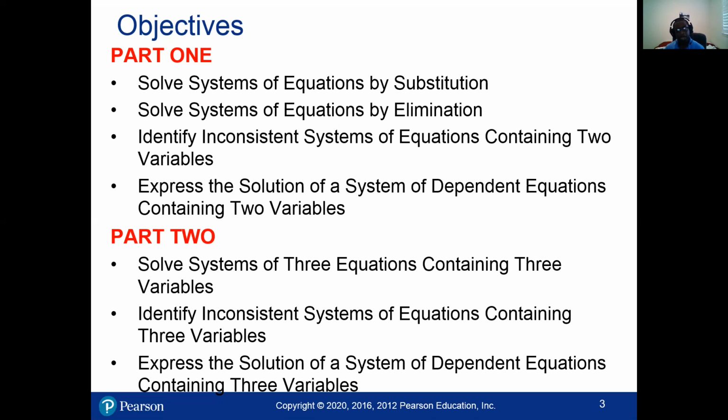In the second part, we'll look at the same using elimination and substitution involving three variables, and also inconsistent systems of linear equations, and expressing the solution of a dependent system.